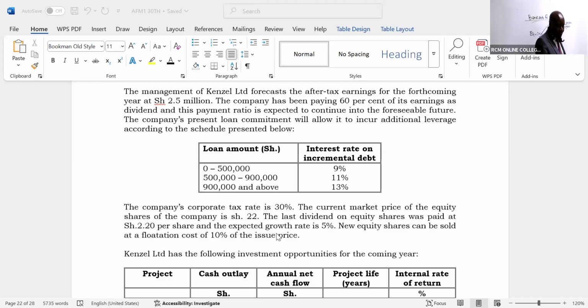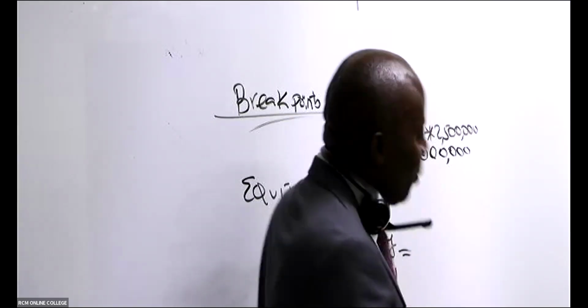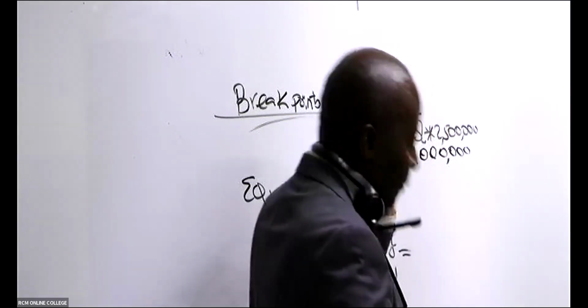New equity shares can be sold at a flotation cost of 10% of the issue price, but they haven't given us the maximum amount that we can raise from these new shares. So there is no limit given, and therefore there is no break point. So for share capital, we shall not calculate any break point. We are only going to calculate the break point just for this.